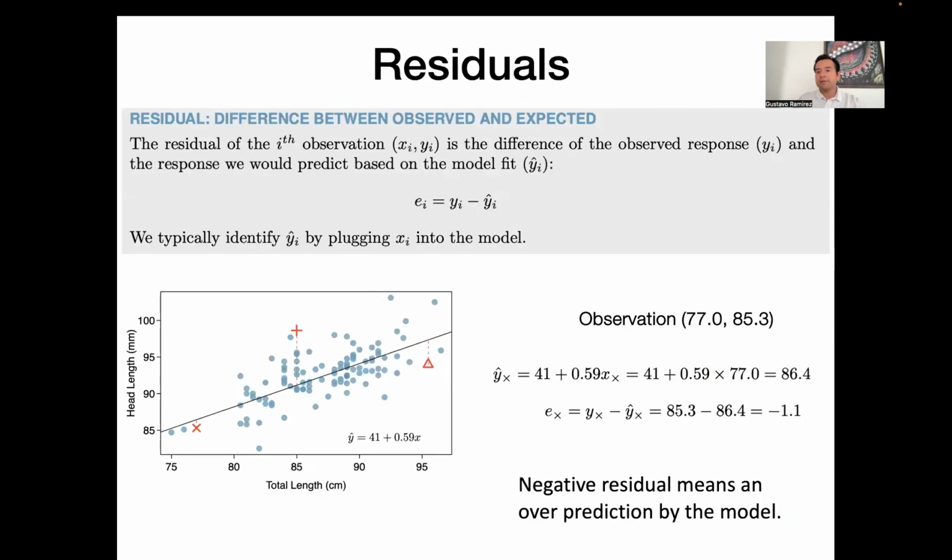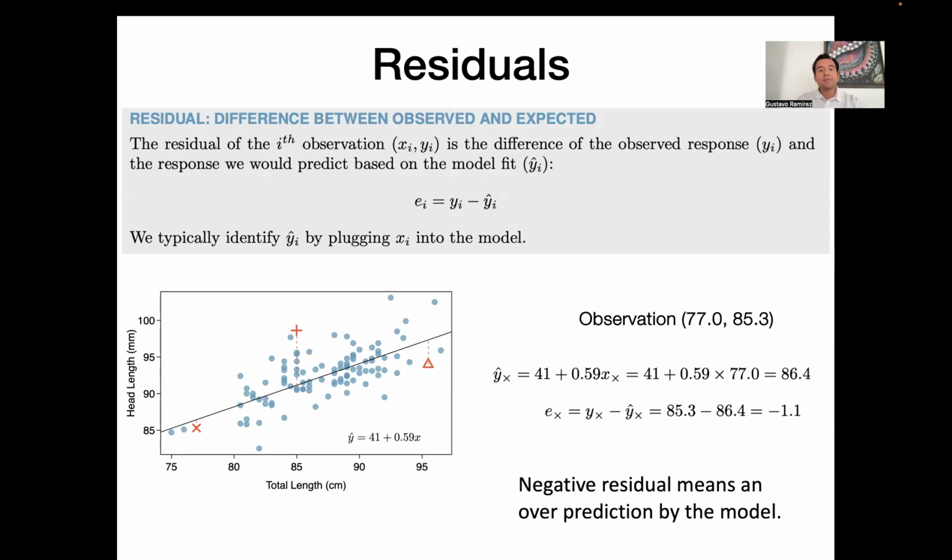Okay, we had an extensive conversation last time about residuals, right? So let's just quickly go over this again in the next minute or two. Residuals are the difference between the observed and expected values for the response variable, okay, for a given x.